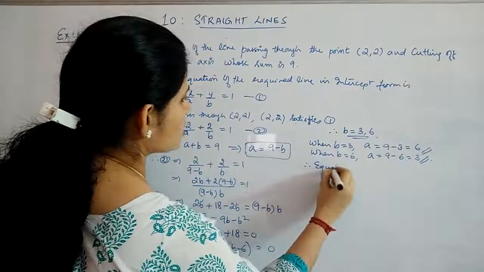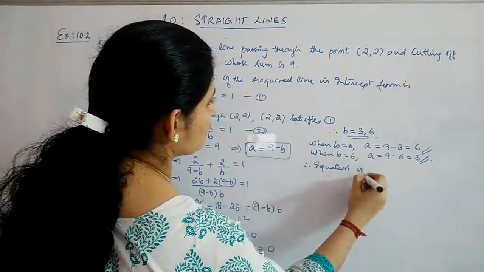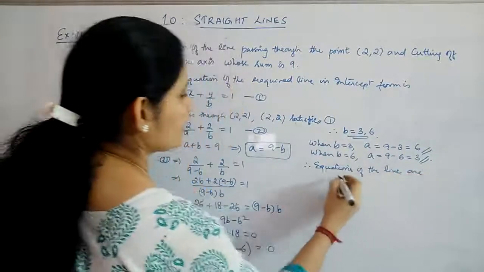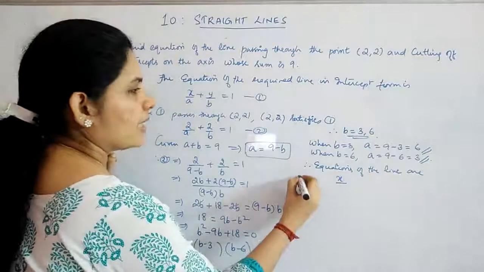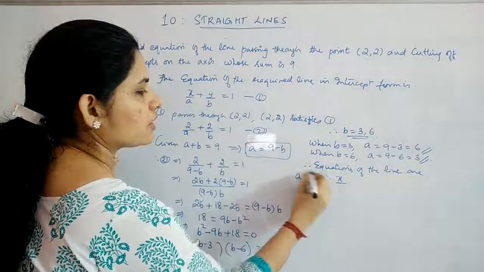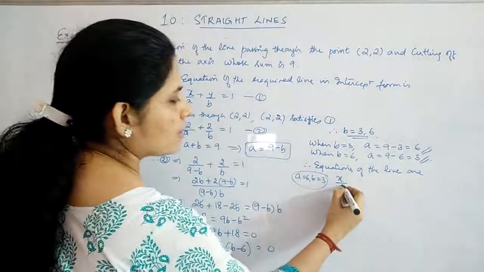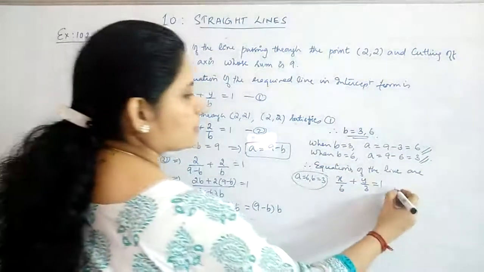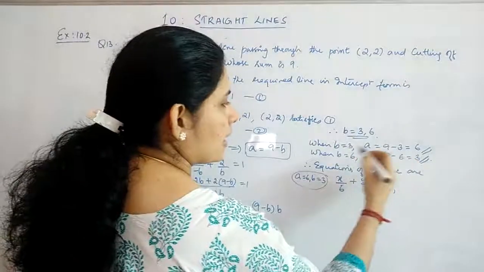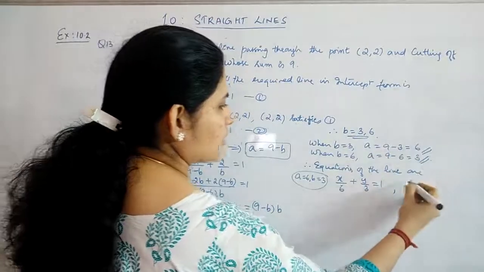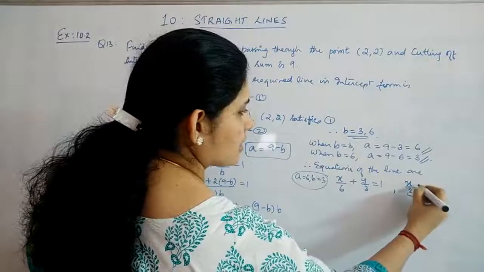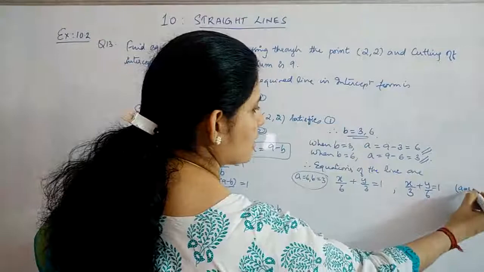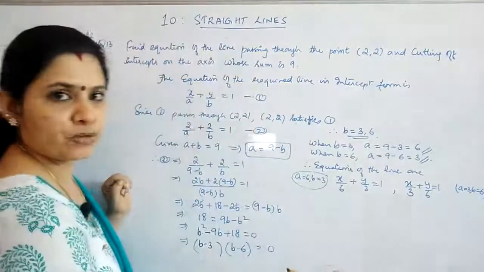Therefore the equations of the line are: one when a is 6 and b is 3, so x/6 + y/3 = 1, and the other when b is 6 and a is 3, so x/3 + y/6 = 1. This is the case when a is 3 and b is 6.